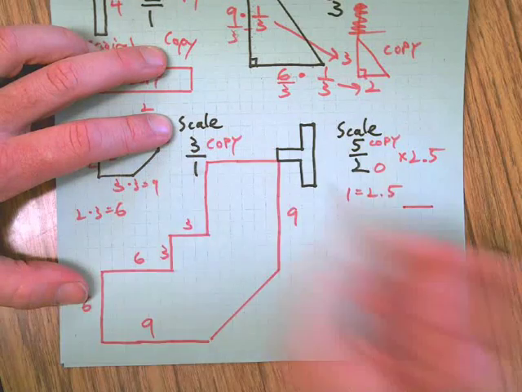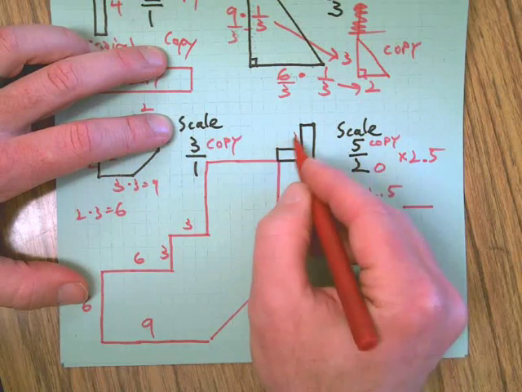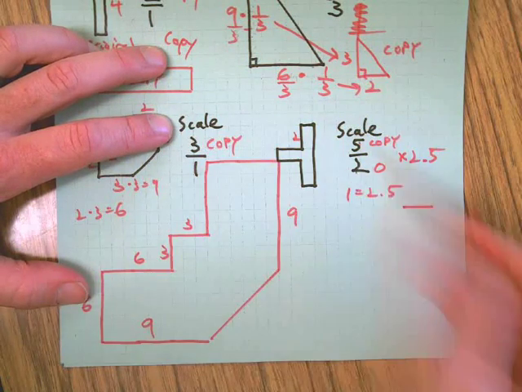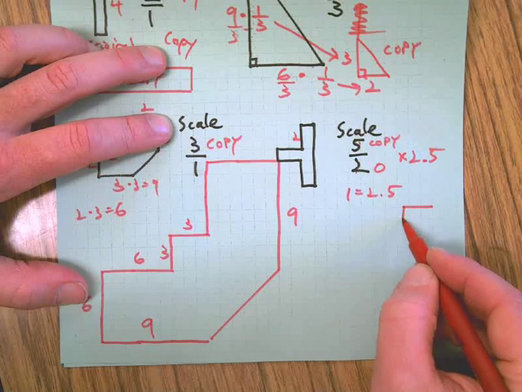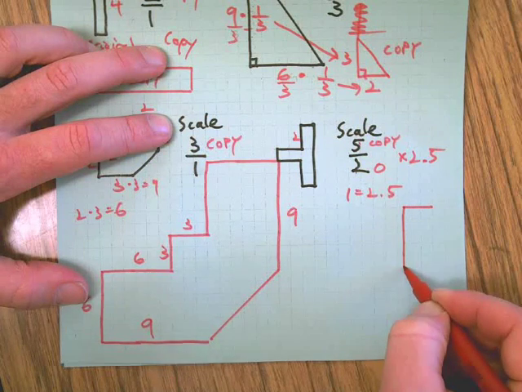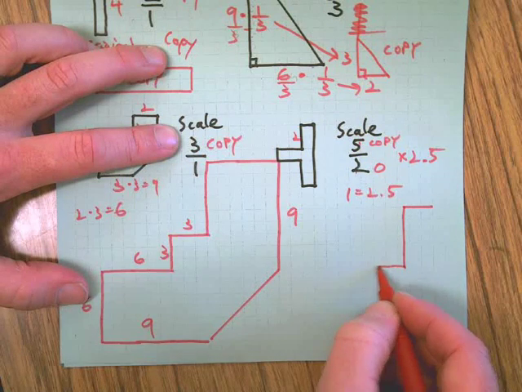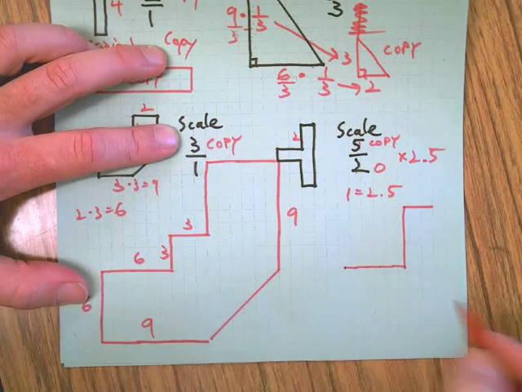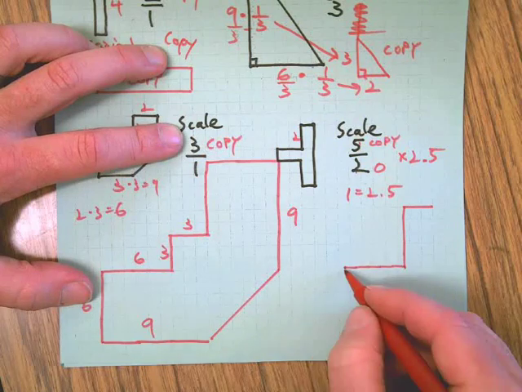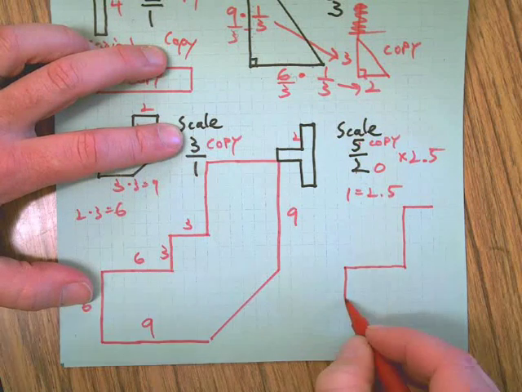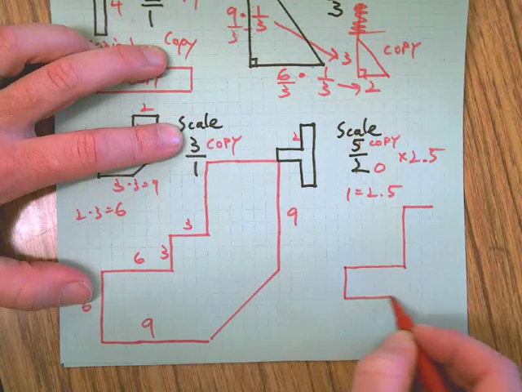Right about there. A 2 is going to change into a 5, right? If that's a 2, now it's going to be a 5. 1, 2, 3, 4, 5. Here's a 2. That becomes a 5. 1, 2, 3, 4, 5. Do you like the counting? So good. 2.5.